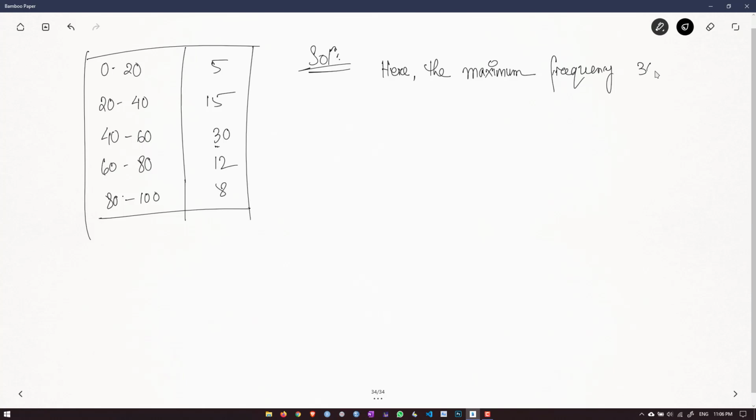Here the maximum frequency 30 is associated with the class interval 40 to 60.